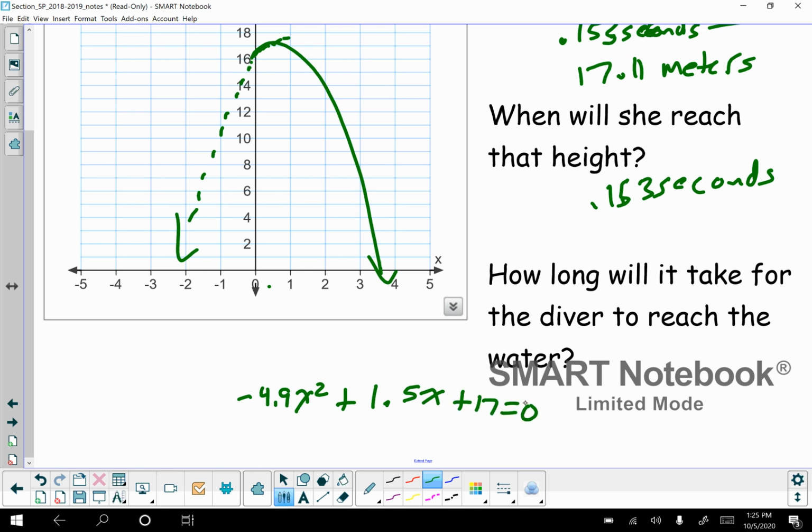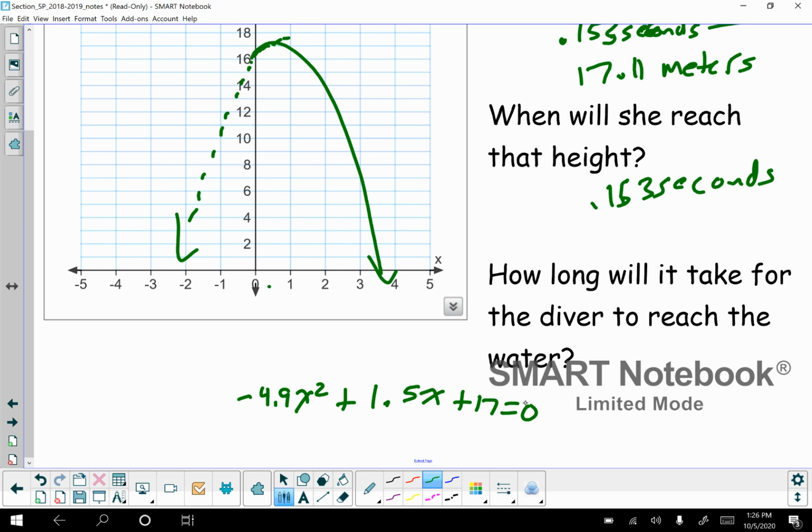If I set it equal to 0, if I had graphed that on the graphing calculator, I'm actually going to calculate a 0, and on the graphing calculator we want to make sure our 0 is as close as possible.